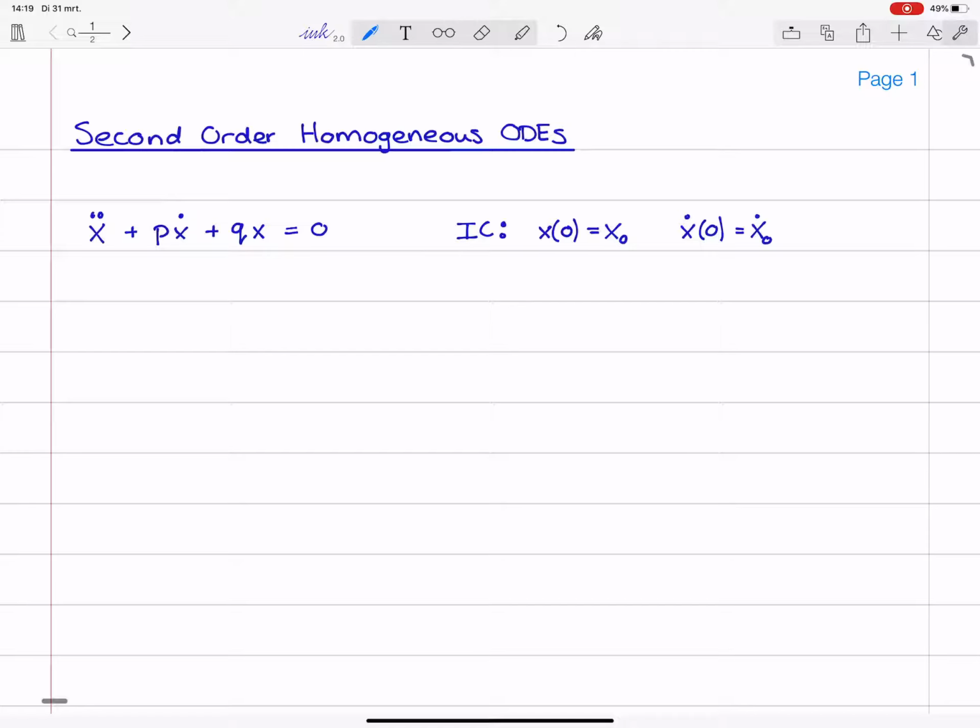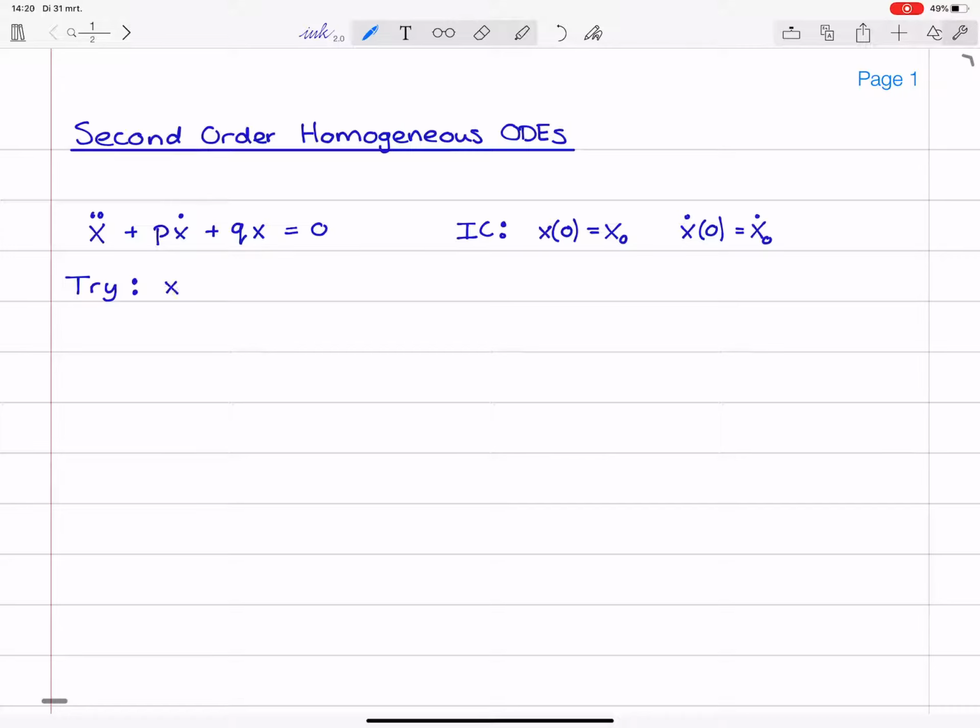What we can see is that because there are constant coefficients, we are looking for a solution x as a function of time, in which this function together with its derivative and second derivative forms 0. So based on our experience with first order ODEs, we are going to try an exponential function.